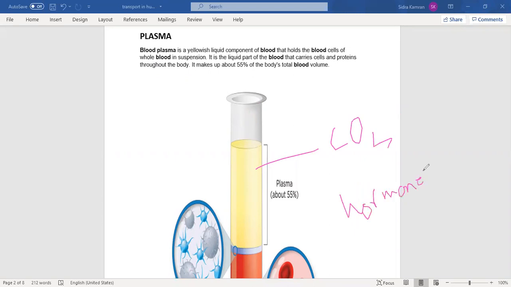Many different substances are dissolved in it, because plasma is mostly water. Due to the many components in this water, it has a yellowish color. Plasma is about 55% of our blood, while white blood cells, red blood cells, and platelets make up the remaining percentages.